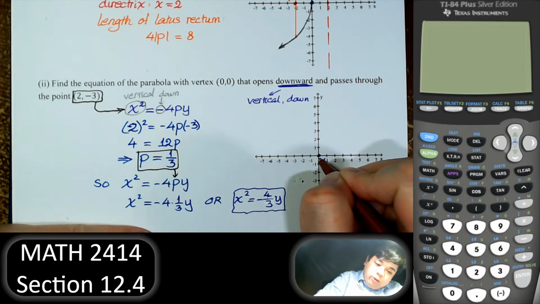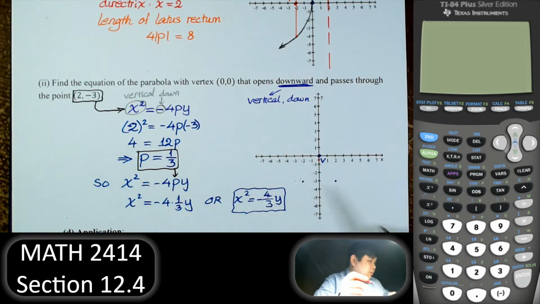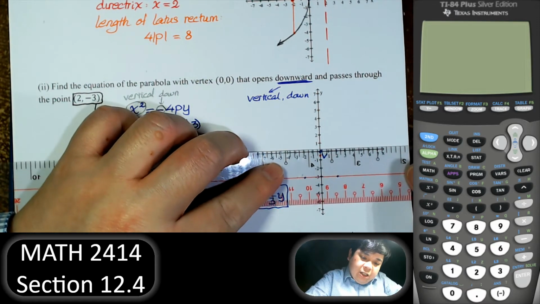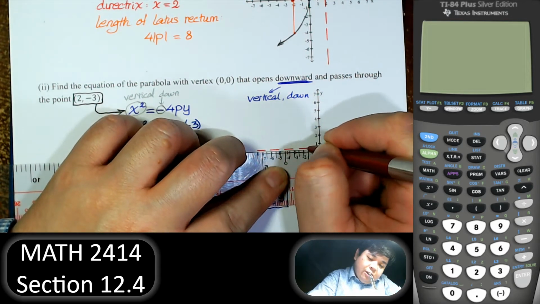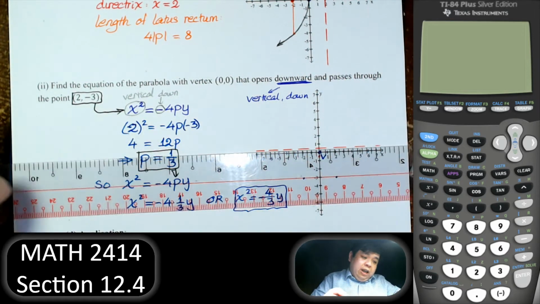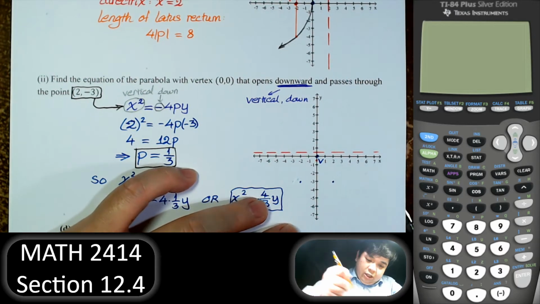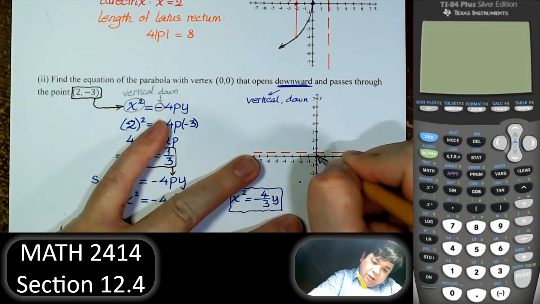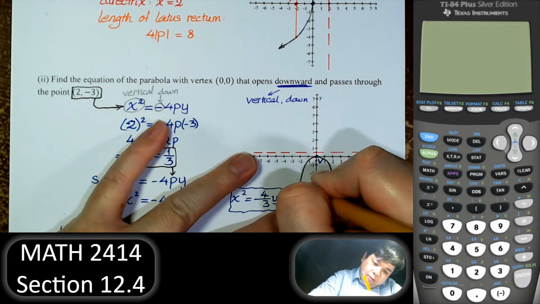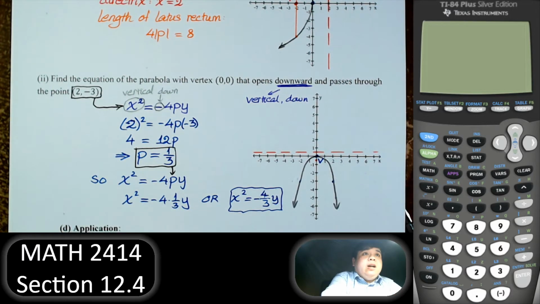So the focus will be very close here, and the directrix will be 1/3 up, and the parabola will go through the point 2, negative 3. So the parabola will be like that.